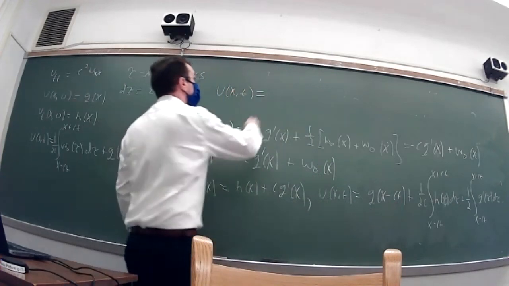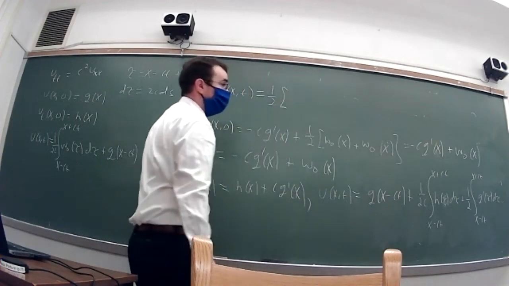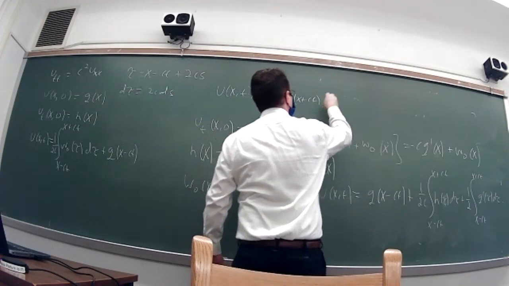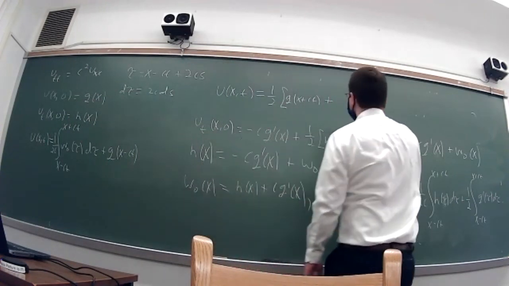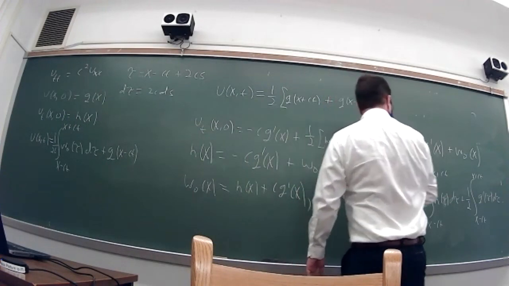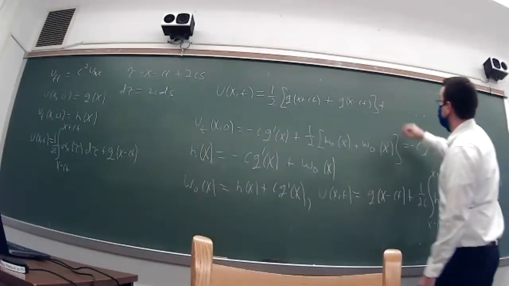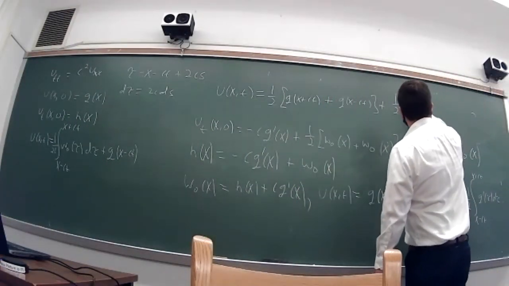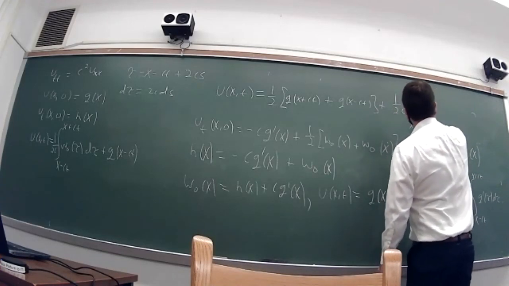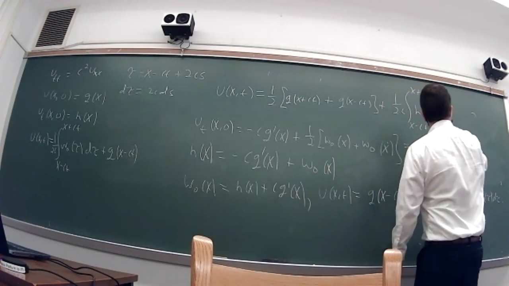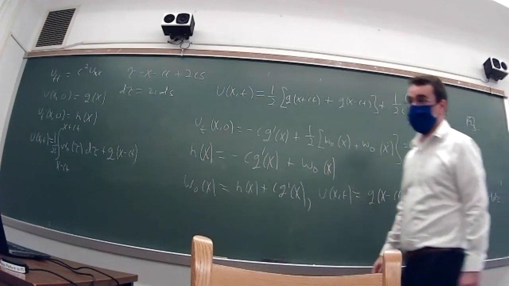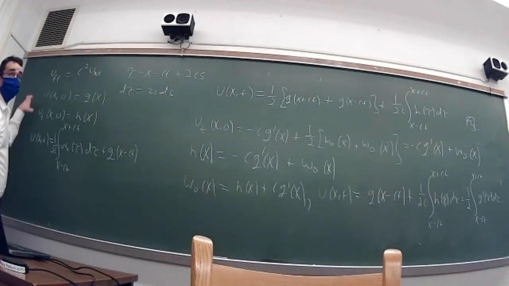u(x,t) equals 1/2... And that's your solution to this initial value problem.